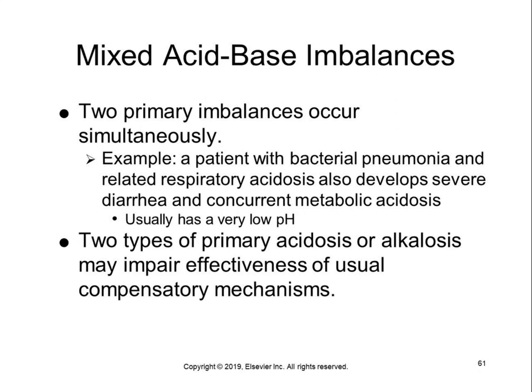Two primary imbalances can occur simultaneously. Example: a patient with bacterial pneumonia and related respiratory acidosis also develops severe diarrhea and concurrent metabolic acidosis, usually with a very low pH. Two types of primary acidosis or alkalosis may impair the effectiveness of usual compensatory mechanisms.